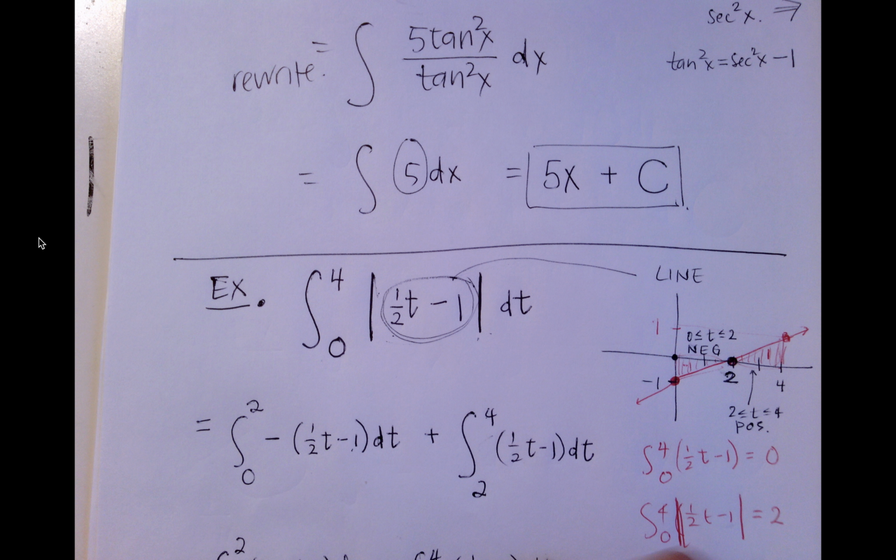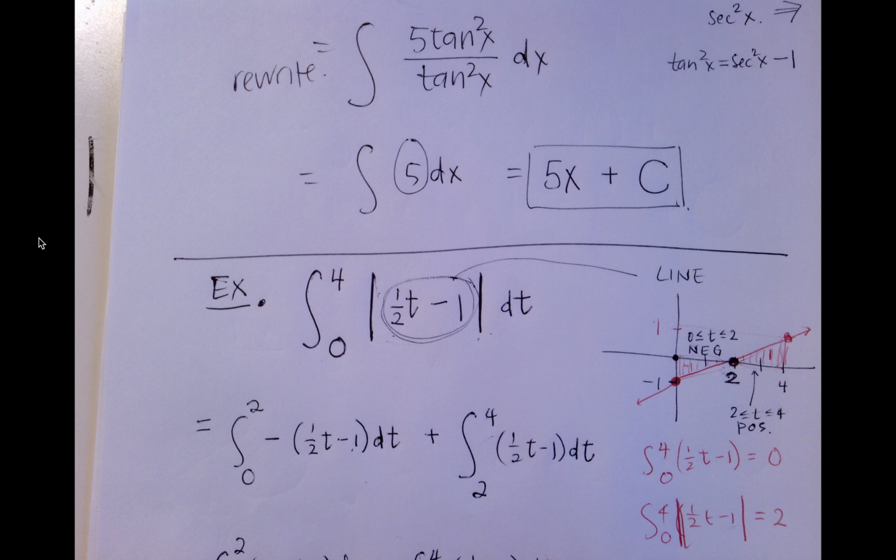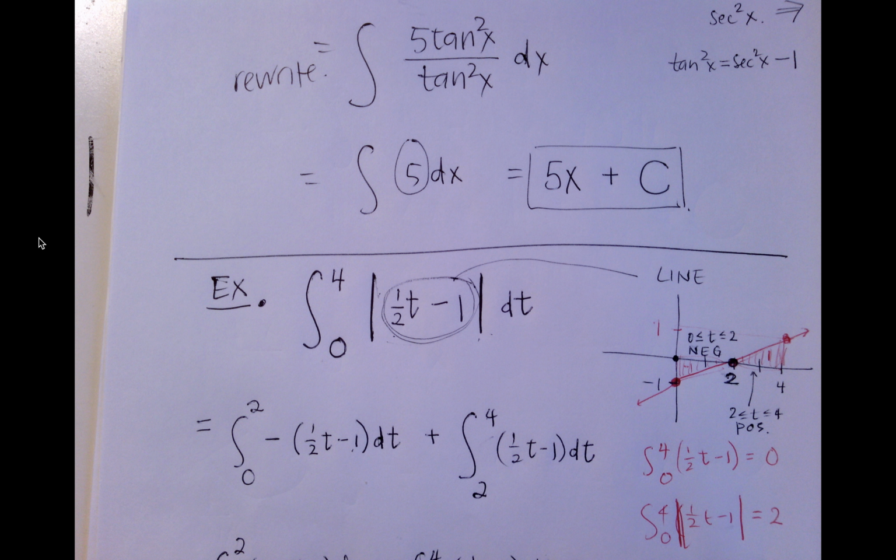Now when we integrate this, we get t minus t squared over 4, and we're going to evaluate that from 0 to 2, and then we're going to add t squared over 4 minus t from 2 to 4.